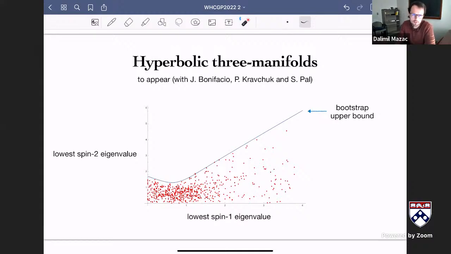So in 3 dimensions, you can consider the Laplacian acting on vector fields, which is what I call spin 1, and the Laplacian acting on symmetric tensors of rank 2.